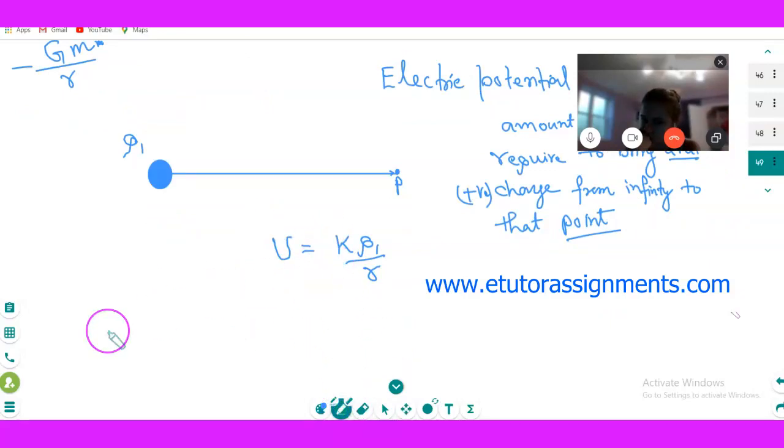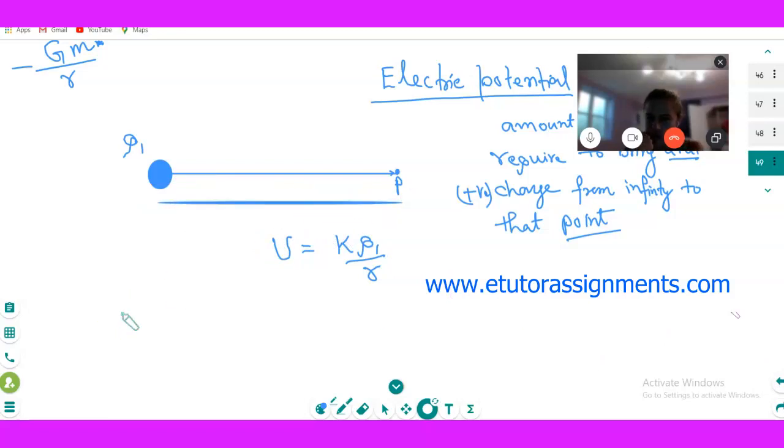This is the electric potential. Now suppose there are two charges. First you tell me what is the unit of this. What is the unit of electric potential?